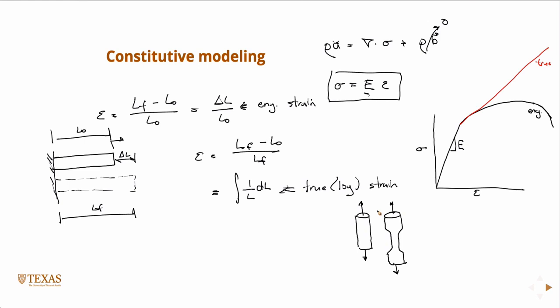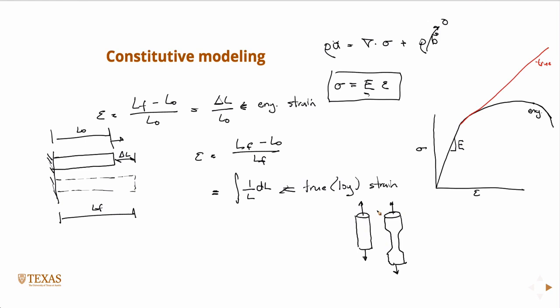But the reason you don't see that one drop off is because the true or logarithmic strain would be the force divided by the current area, or the area of the bar in that unstable region, okay? And of course, now, as you're pulling on it, the area is shrinking, and so you don't actually see this fall off. It continues, the material locally continues to essentially get stronger, okay?